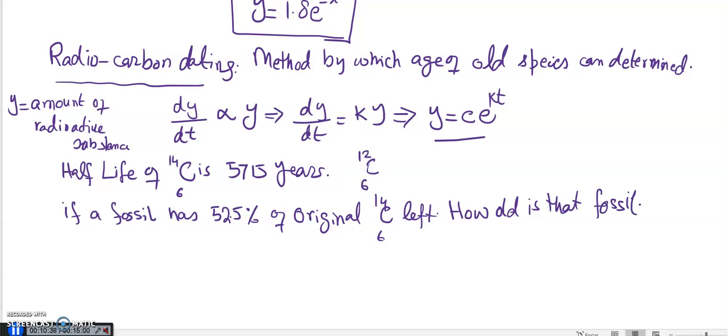For this general equation we have actually two unknowns, C and k. First we can input some of the information into that, and then we can find the value.